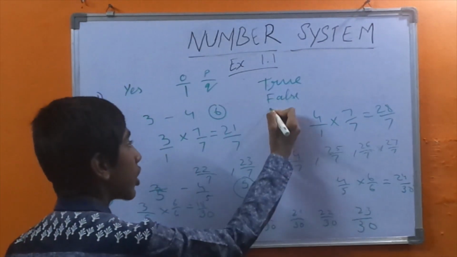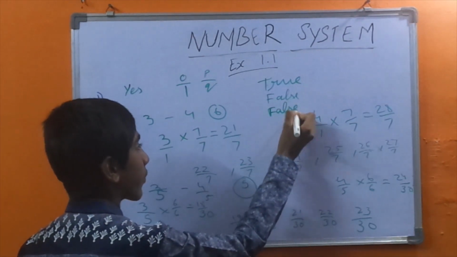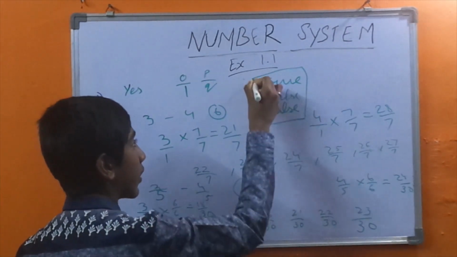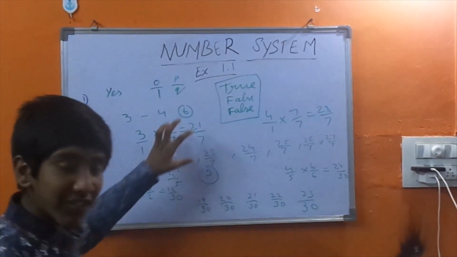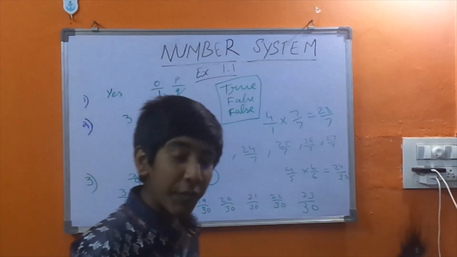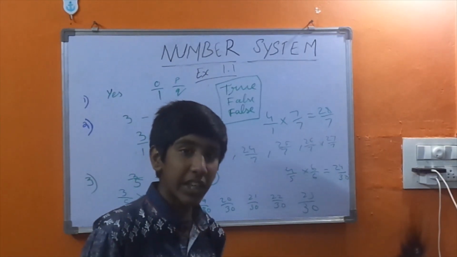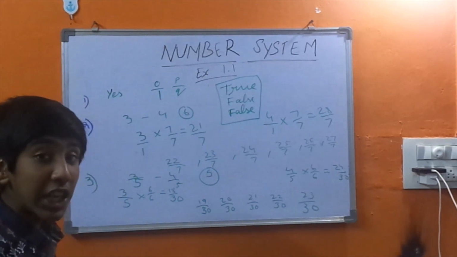So, the third one is also false. Now, we have completed the exercise 1.1 of this chapter. In the next video, we will discuss something interesting about the numbers which are not rational.